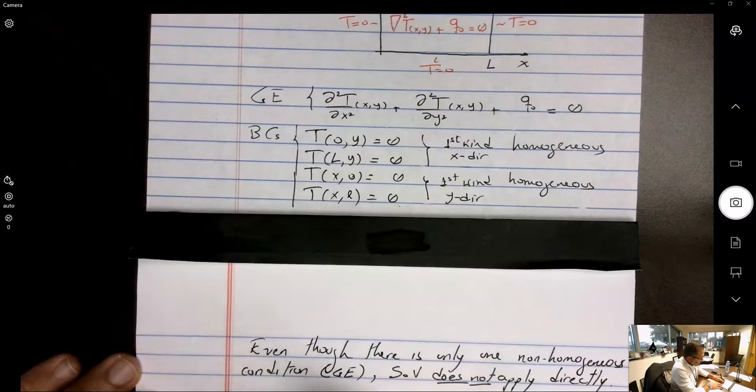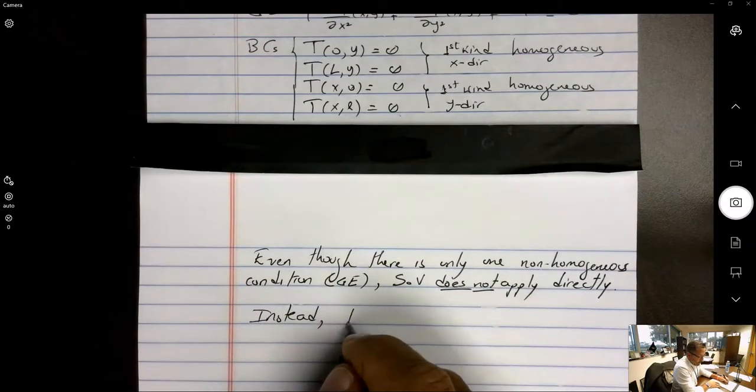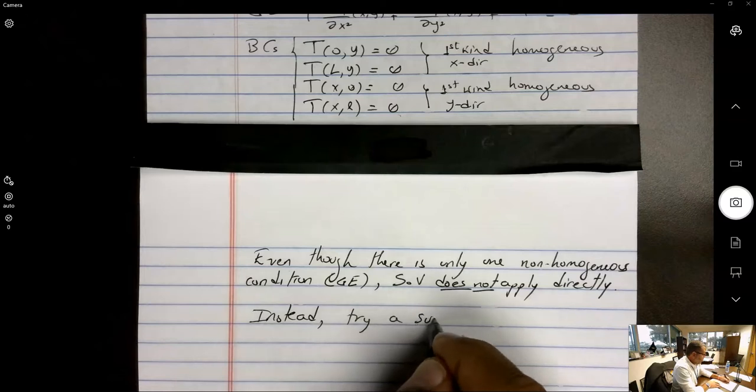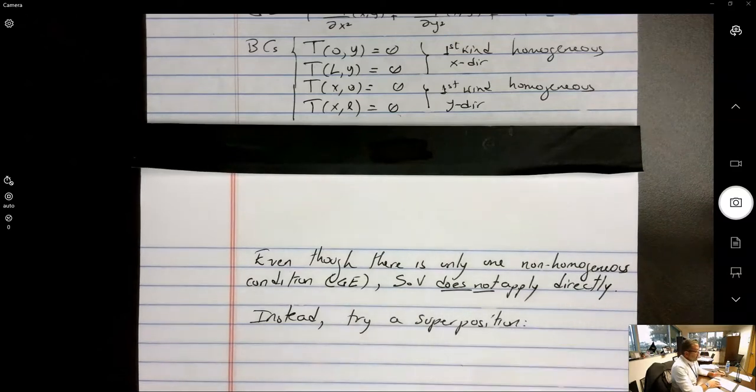Instead, try a superposition. So we can superimpose T1 plus T2. That's a way to do it.